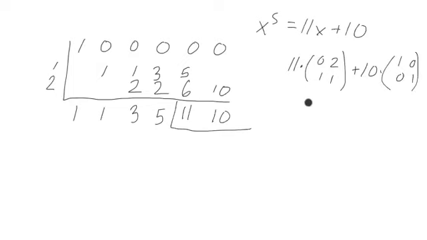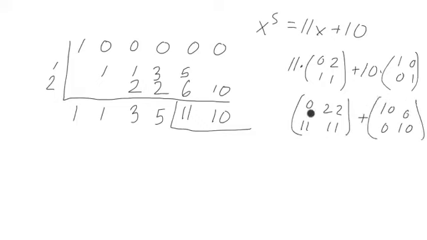So this would be 0, 22, 11, 11 plus 10, 10. And we end up getting 10, 22, 11, and 21. And that is our matrix raised to the fifth power.